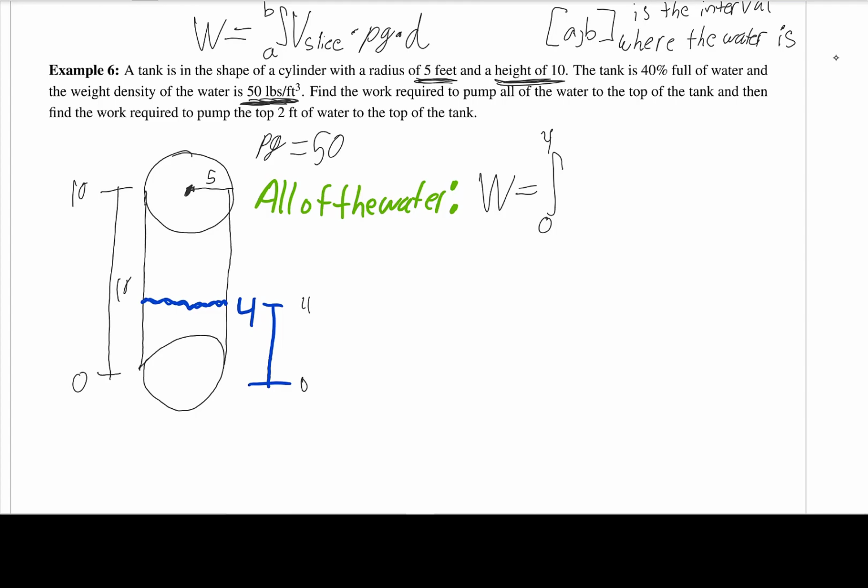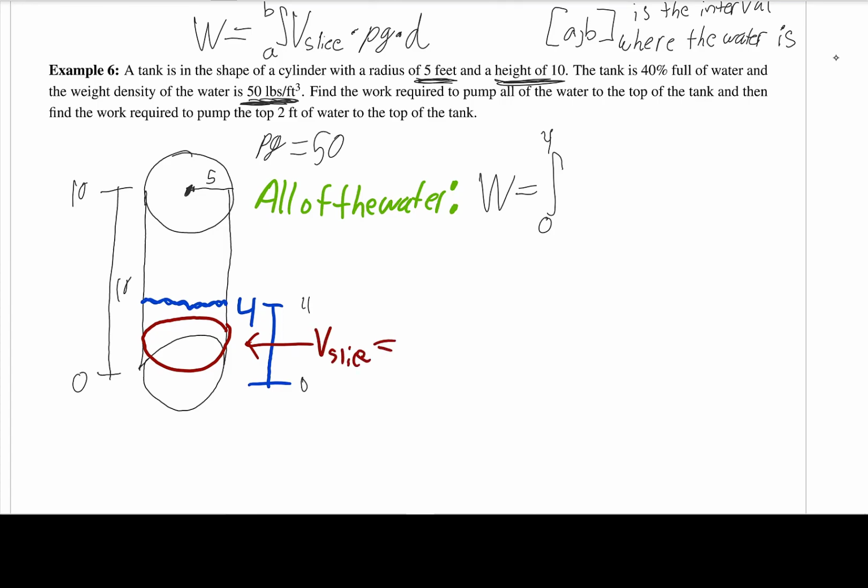And then we're going to have V slice. Let's look at what V slice is exactly. If I take a slice out of this cylinder, it's going to be a circle, right? This is that V slice.